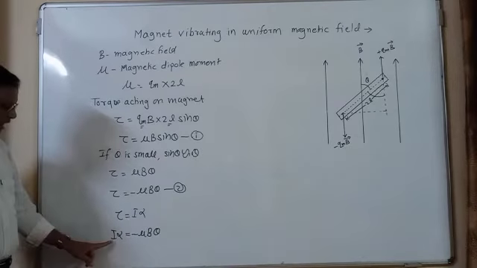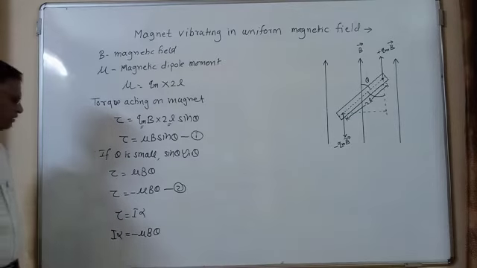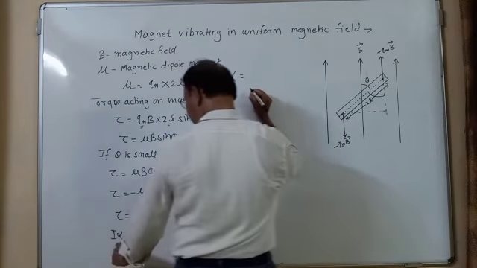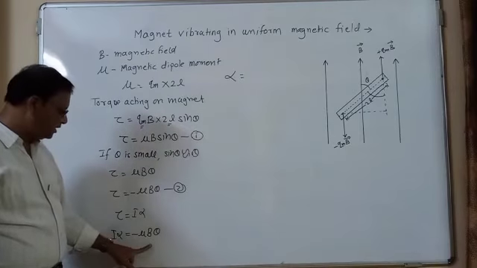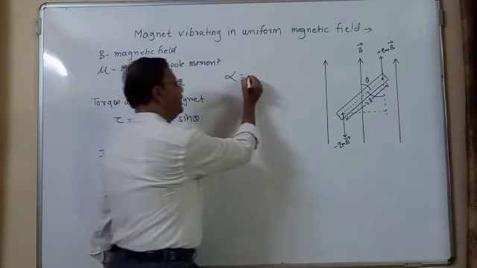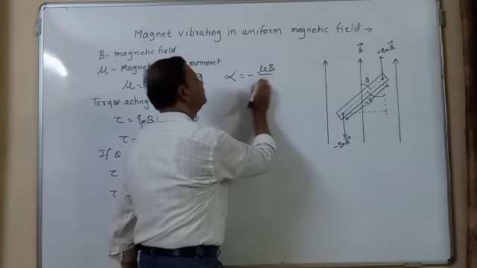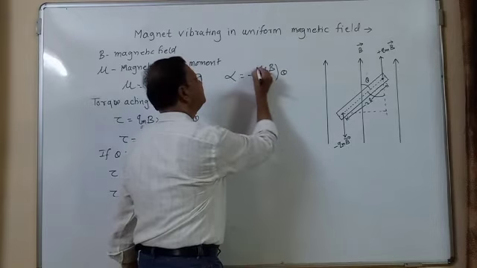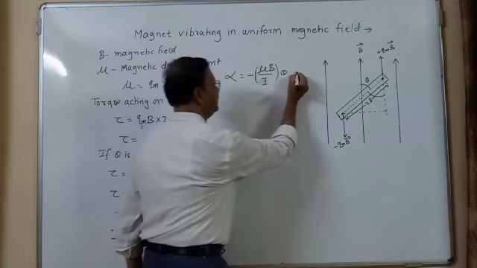Taking the moment of inertia to the other side, we can write alpha is equal to minus mu B upon I into theta. Okay, let this be relation number 3.